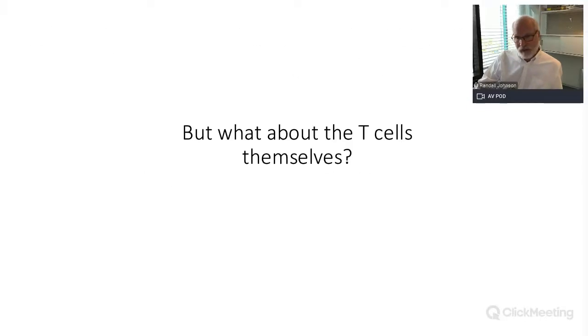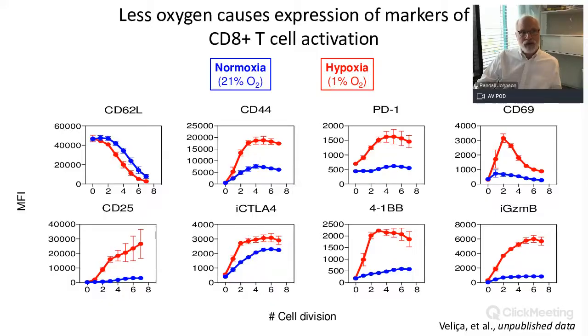But what about the T cells themselves? To what extent are they responding to hypoxia, and what does that hypoxic response do? And in work that's still unpublished, this just shows from Pedro Belisa in our group what oxygen actually does to a wide range of activation molecules.